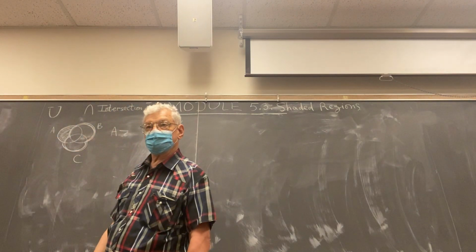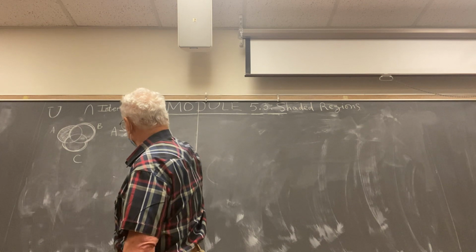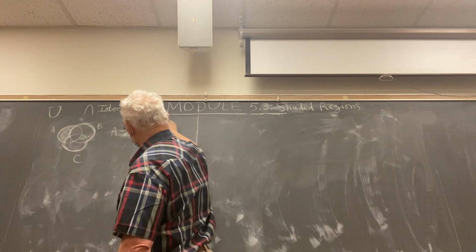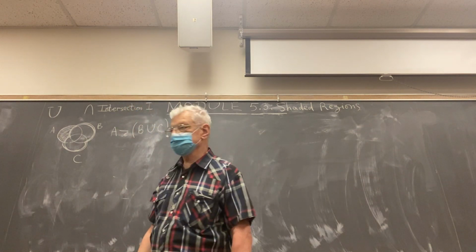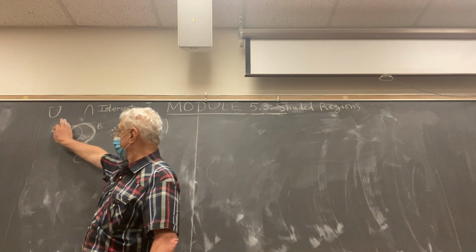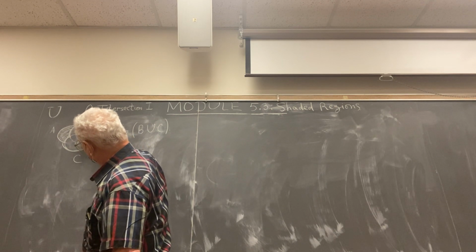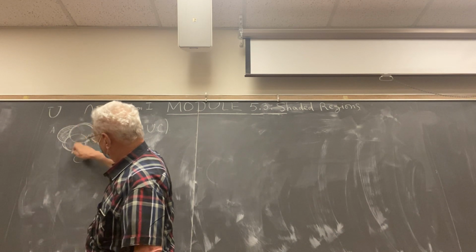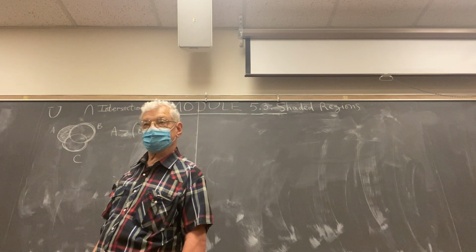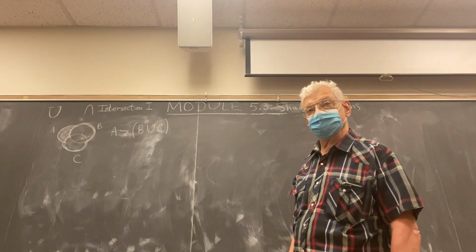So A minus, in parentheses, B union C. B union C is B and C together. If you forget about A, if you forget about this boundary, this would be B union C. So therefore A minus (B union C).